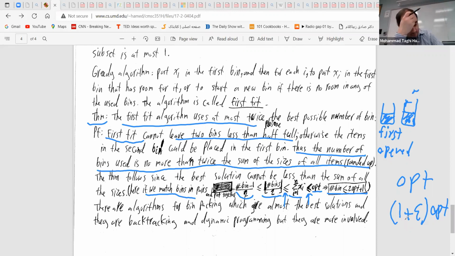And in general, it should be exponential in 1 over epsilon. Because as I mentioned, there is no exact algorithm for this problem. But instead of 2 approximation, you can get 1 plus epsilon approximation, very close, for any epsilon greater than 0.